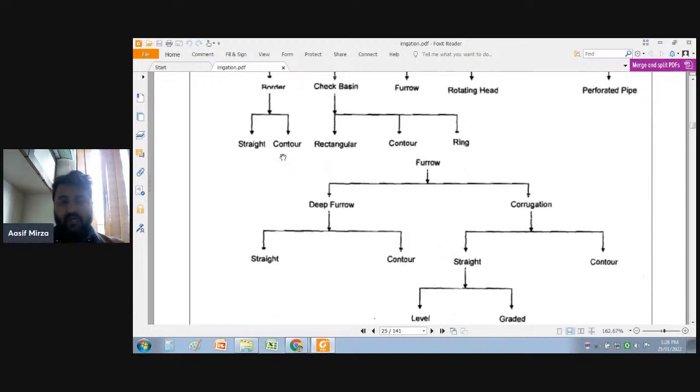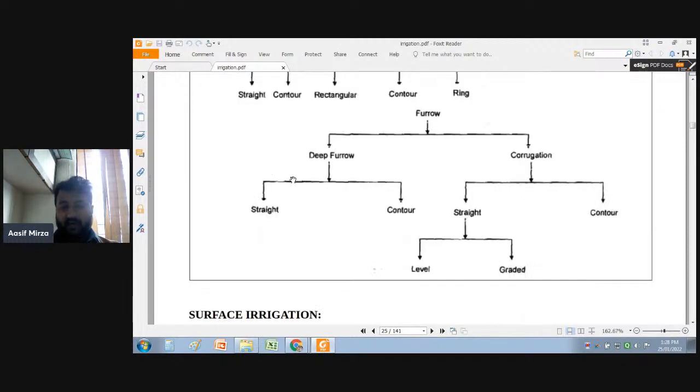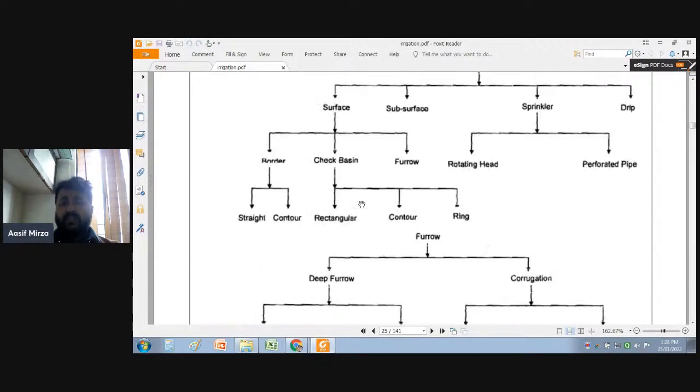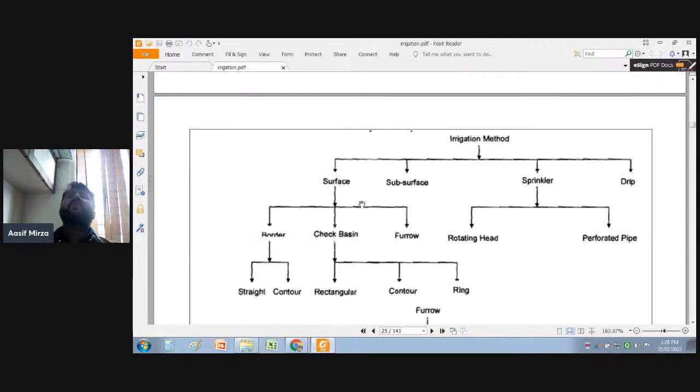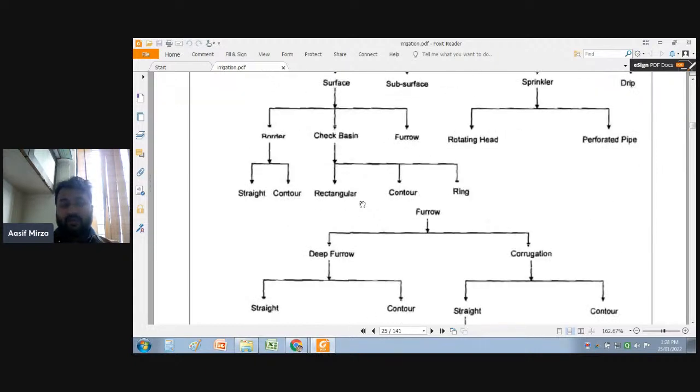Deep furrow is again classified into two: straight and contour. Corrugation under this furrow classification is again divided into two: straight and contour. And under straight, irrigation is divided into two: level and graded. So this is how we can classify the various methods of irrigation through this flow chart.